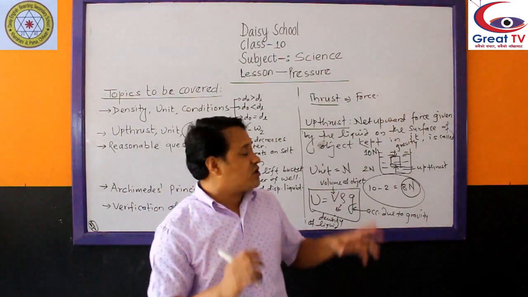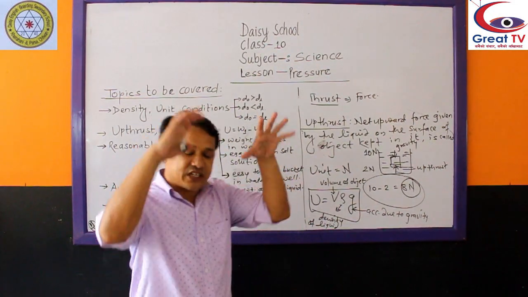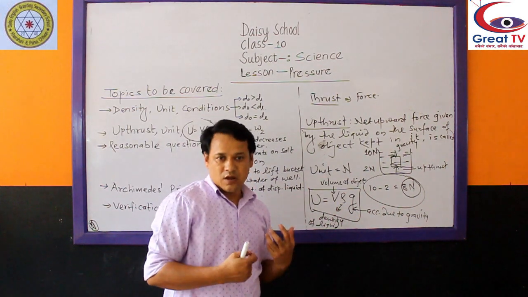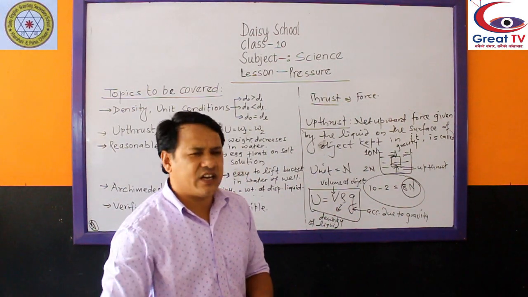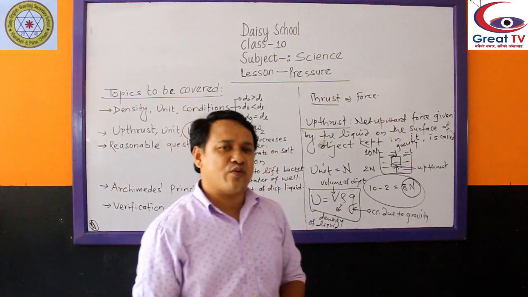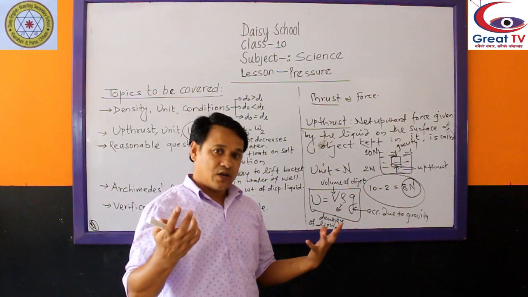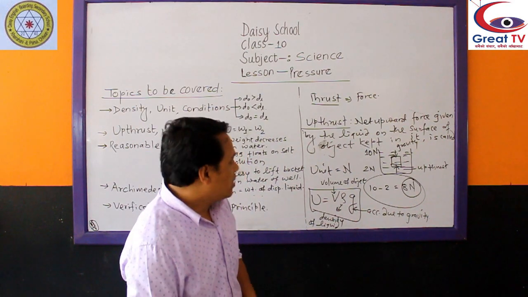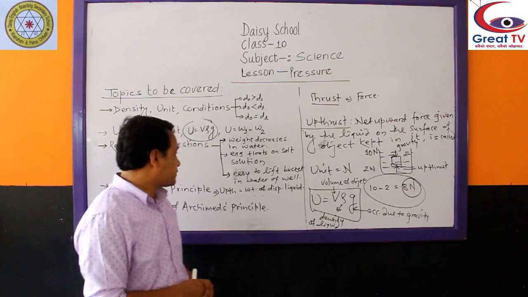Water gives upward force, upthrust, and upthrust decreases the weight of the object, so we feel easy to pull. But on the ground, only air gives negligible upthrust, and we have to use more force to move it, which may not be sufficient. That's why we cannot move that object.